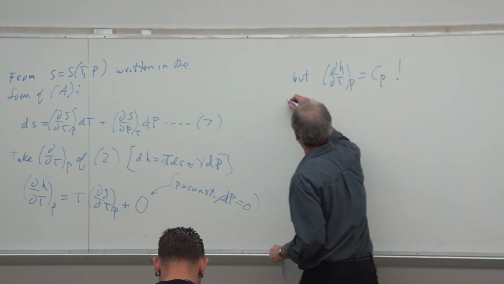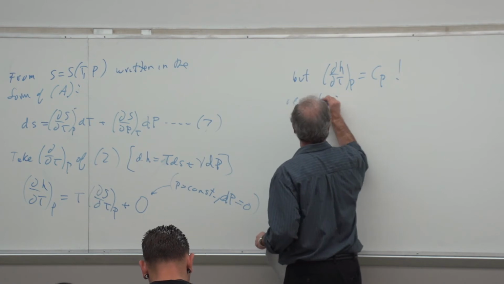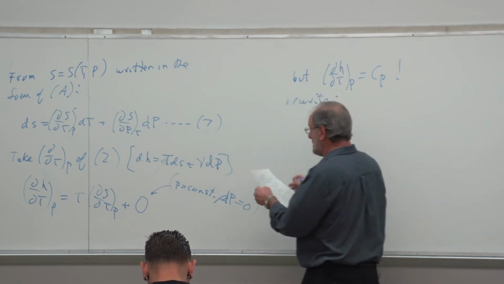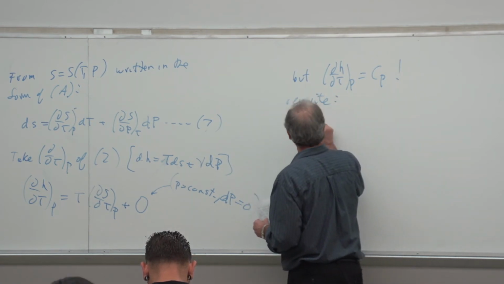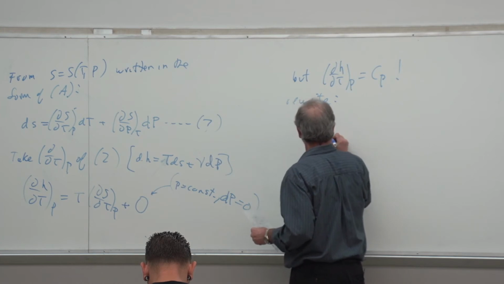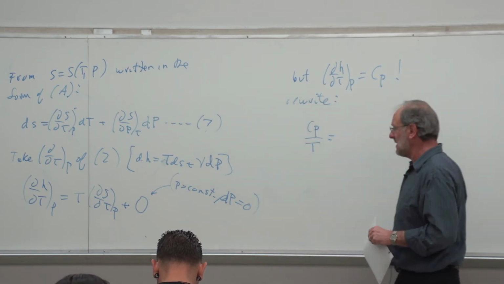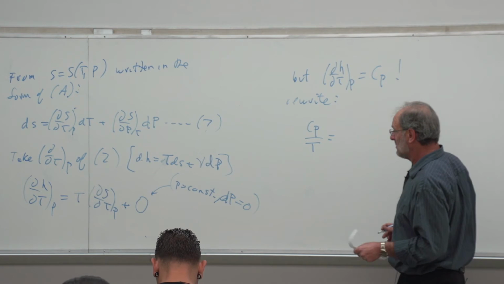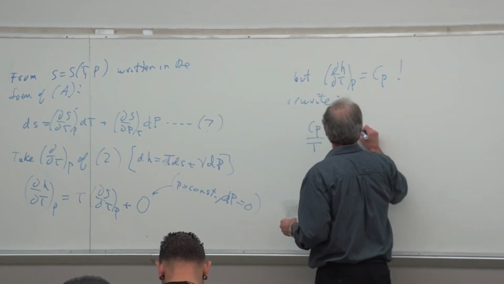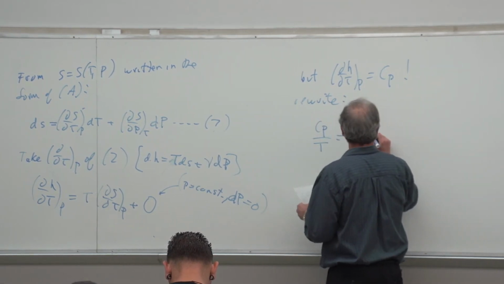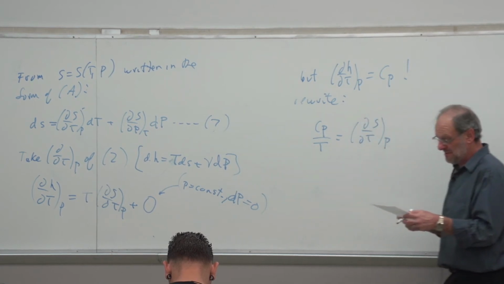Okay, so let's just rewrite one more time. And basically we would get that Cp, and I'm just going to move the T over to the left-hand side. So Cp over T is just going to equal the partial of S with respect to T holding P constant.